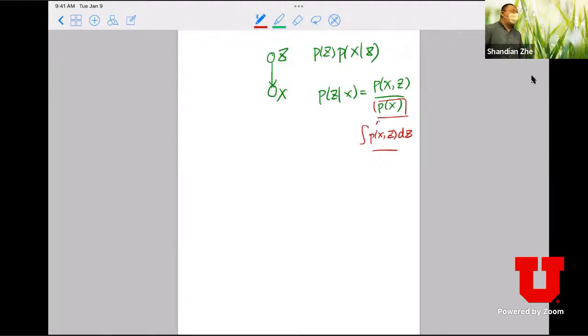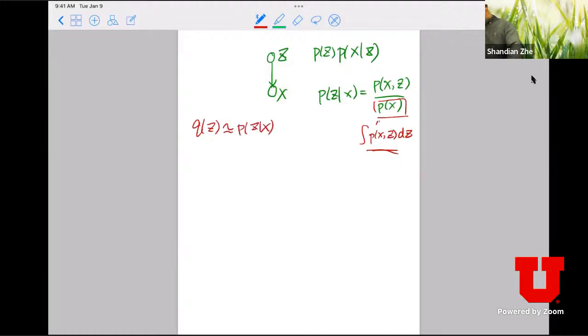In most cases, you can't expect to calculate this exactly. So as a way to sidestep it, we need to seek some approximation. Namely, we want to find an approximate posterior distribution of z.